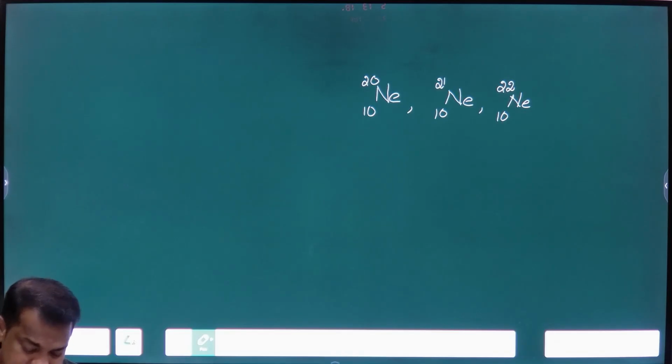Yes, very good. In which isotope? Protium. Yes, protium.